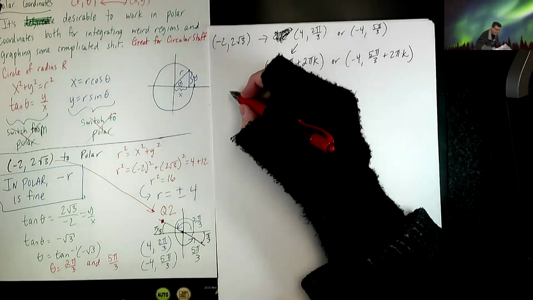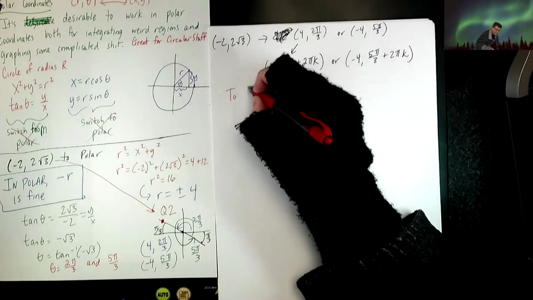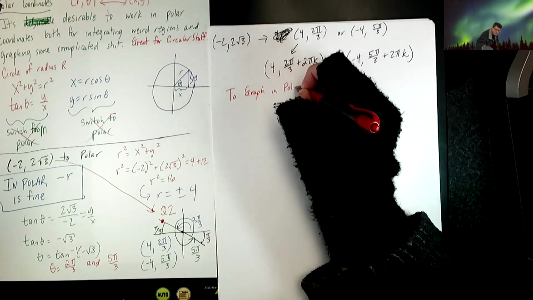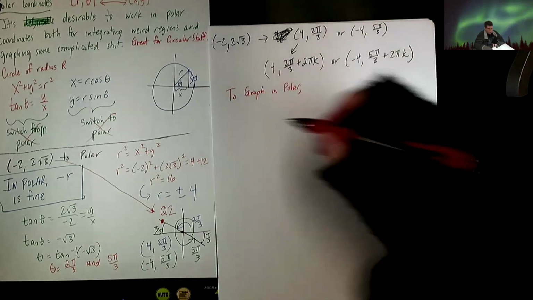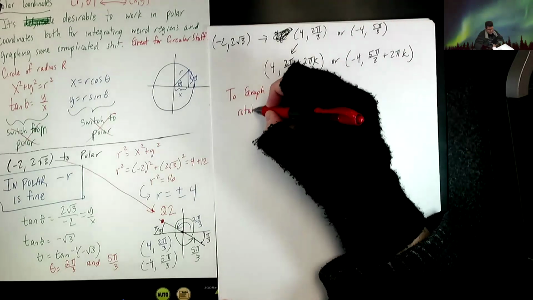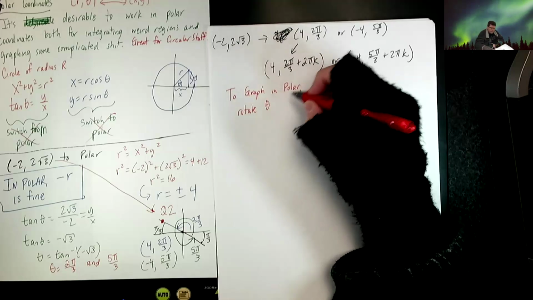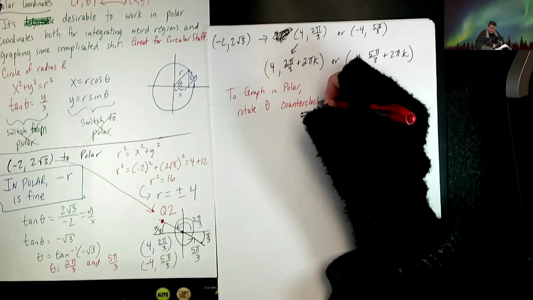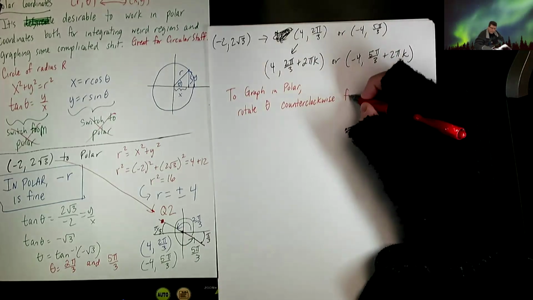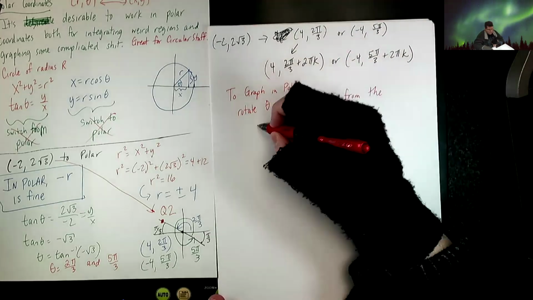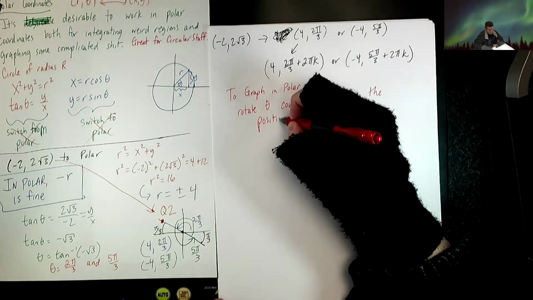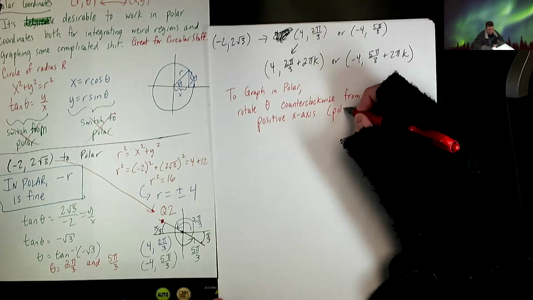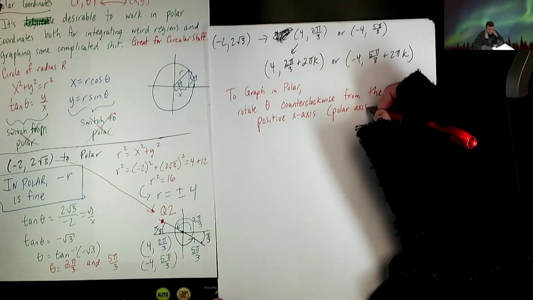So to summarize graphing in polar: A, rotate theta counterclockwise from the positive x-axis. This is called the polar axis, or pole.